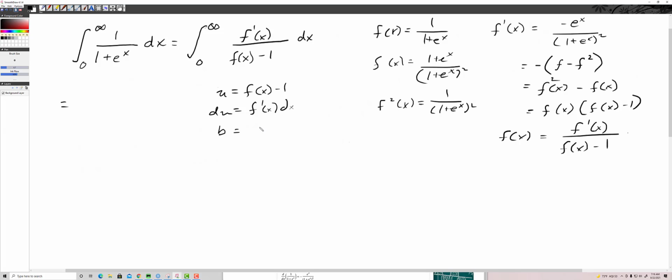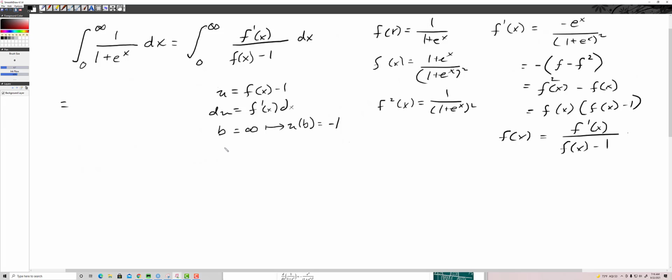b is going to be infinity, which is going to go to u of b, which is 1 over 1 plus e to the x. Going to infinity is going to be 0, so minus 1 is going to be minus 1. 1 over 1 plus e to the infinity, yeah, that's 0.